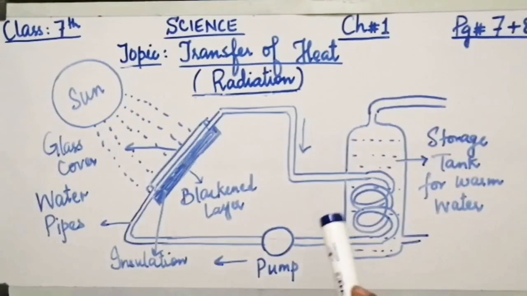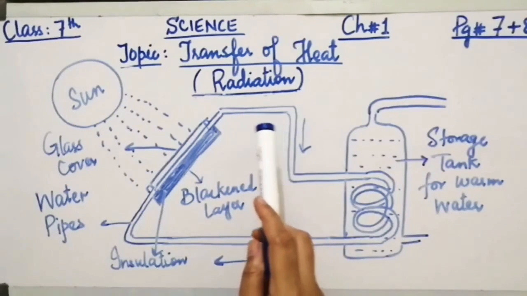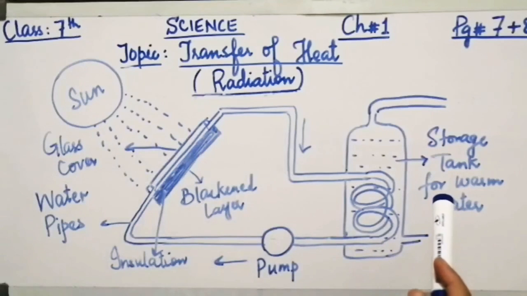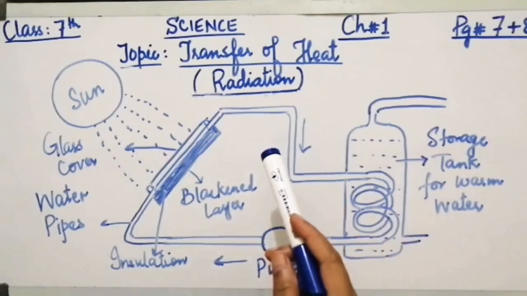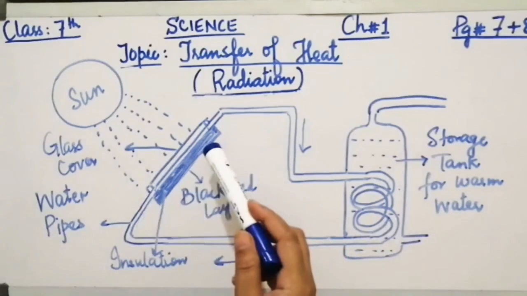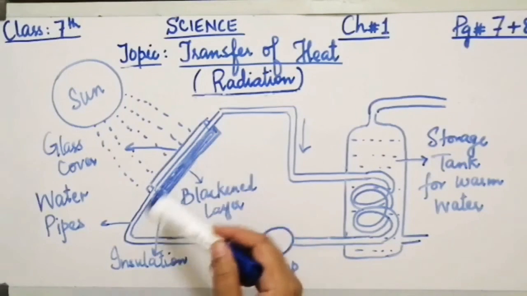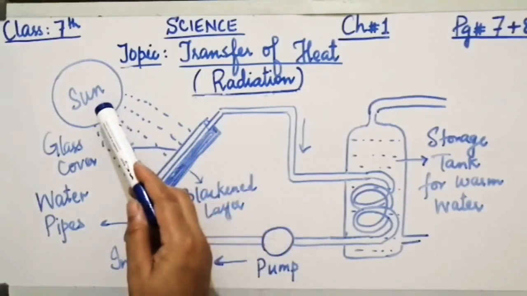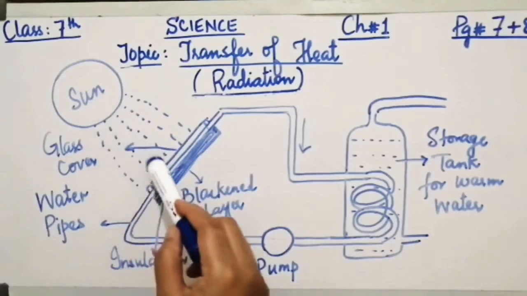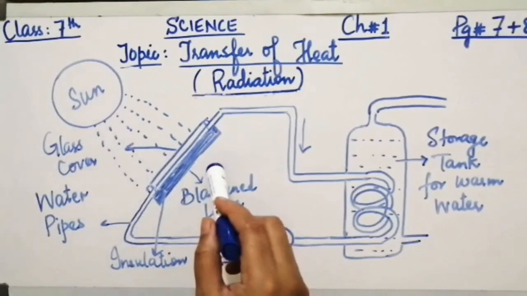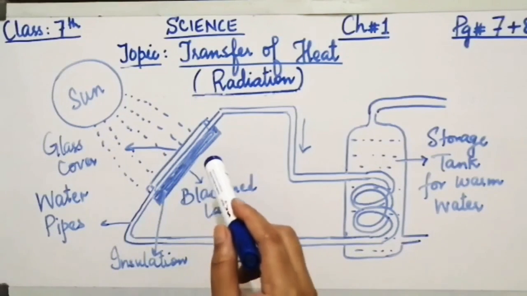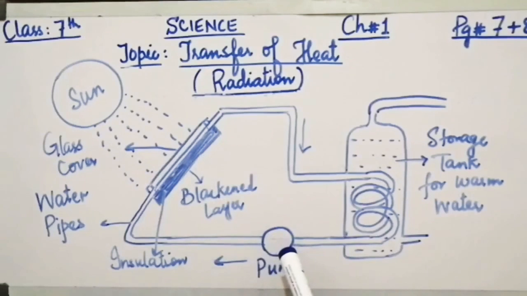Radiation can also be explained with the help of this figure, which shows that some buildings have solar panels on their roof. These solar panels use thermal radiation, that is heat energy from the sun reaching them, and are normally used to heat the water which is coming through this pump.